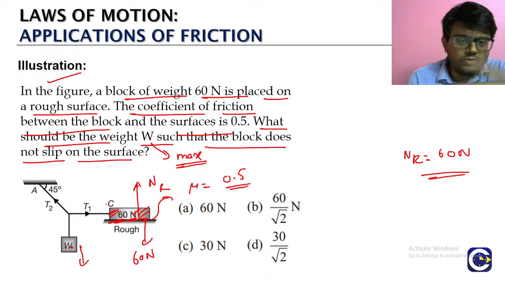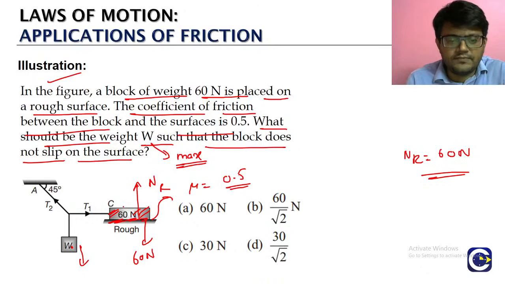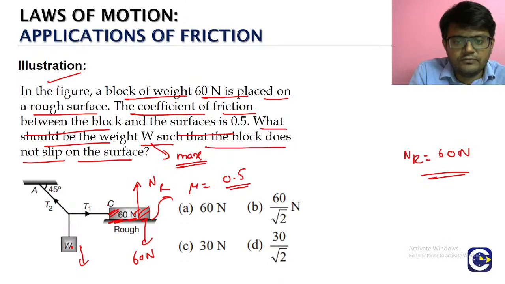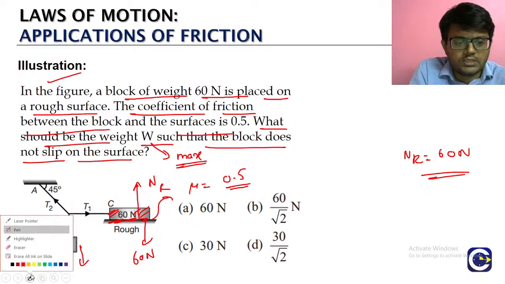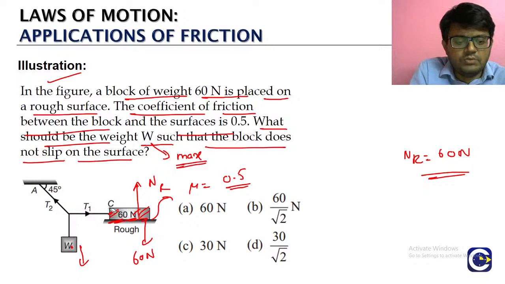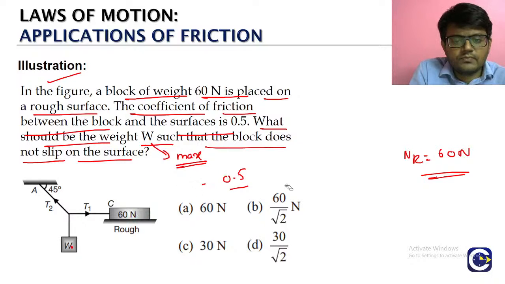The tension will try to pull the 60 newton block on the surface. The force that will prevent its motion is what? Frictional force. Here we need to find the maximum weight W which will keep the block from slipping on the surface. That is what we need to find.